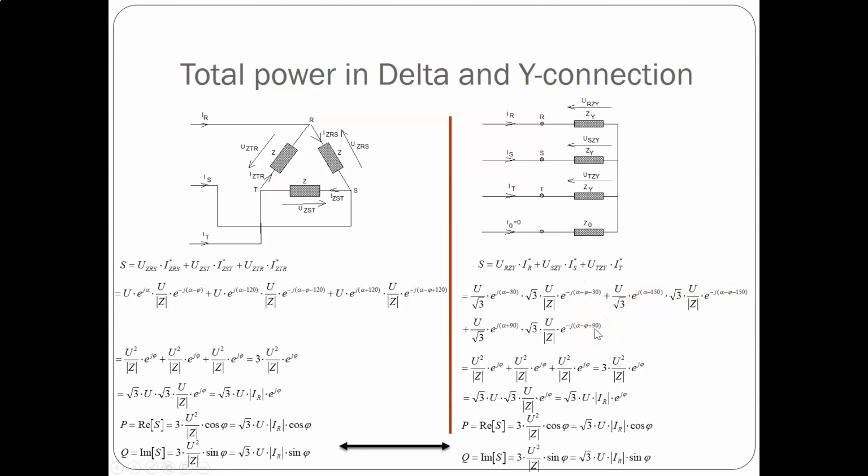But still, it will cancel out, and we get down to the same simple expression as we had over here, and we get the active and the reactive power from that connection. So overall, you will get the same expression whether you have a delta connection or a Y connection. The way you calculate the power will be the same.